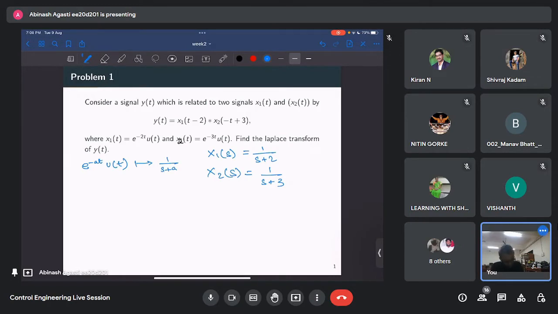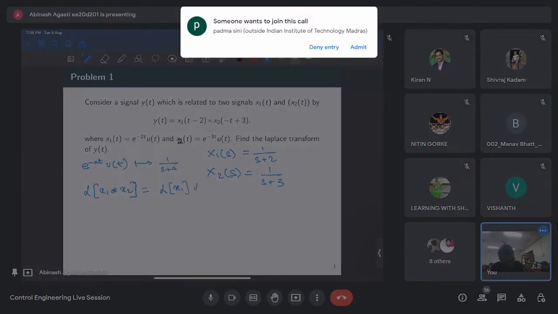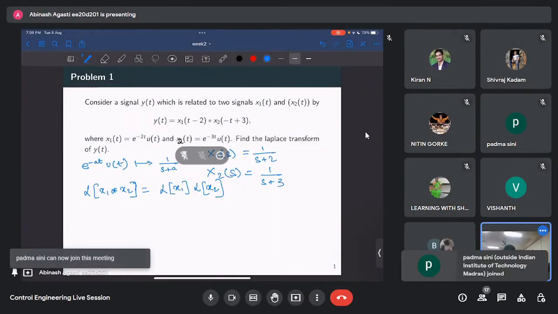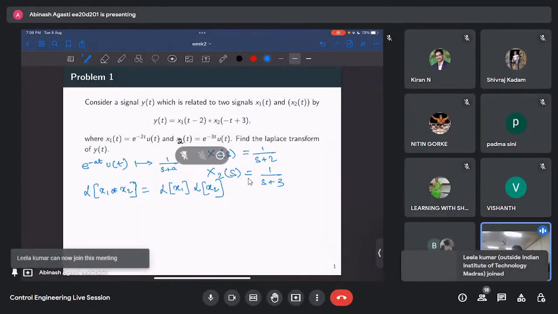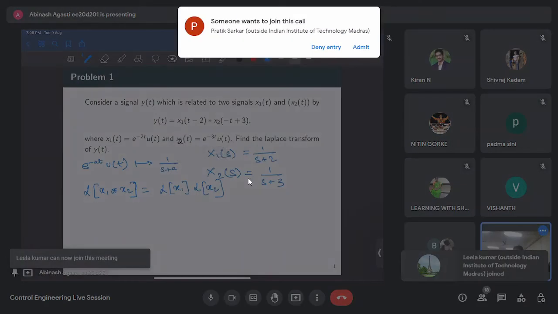Now, the next thing that we know is the Laplace transform of two signals that are being convolved is nothing but the multiplication of the Laplace transforms. So now we have the basic structure of the problem. y of t is given as a convolution of two signals, right?